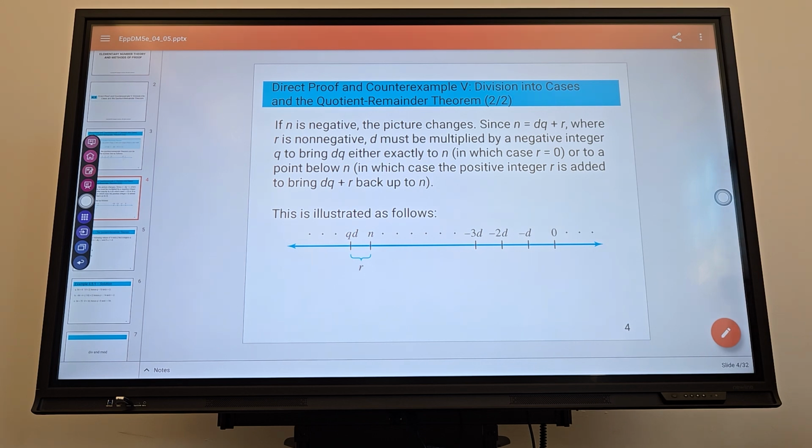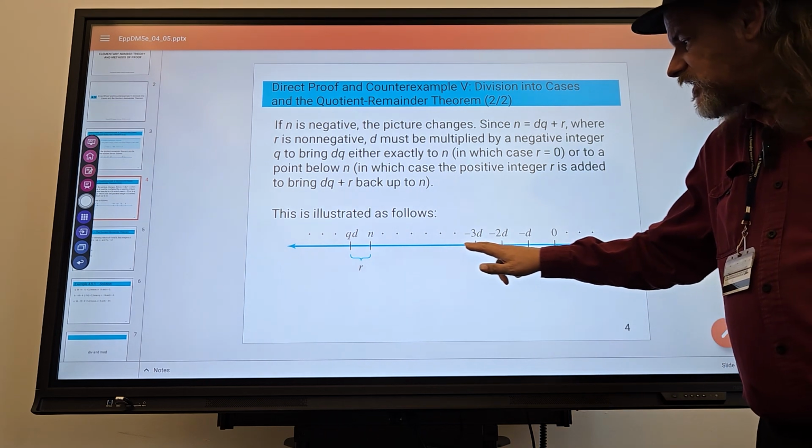Since n equals dq plus r, where r is non-negative, d must be multiplied by a negative integer q to bring dq either exactly to n, in which case r is equal to 0, or a point below n on the number line, in which case the positive integer r is added to bring dq plus r back up to n.